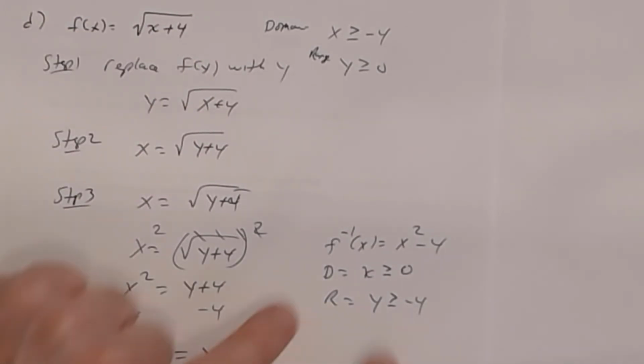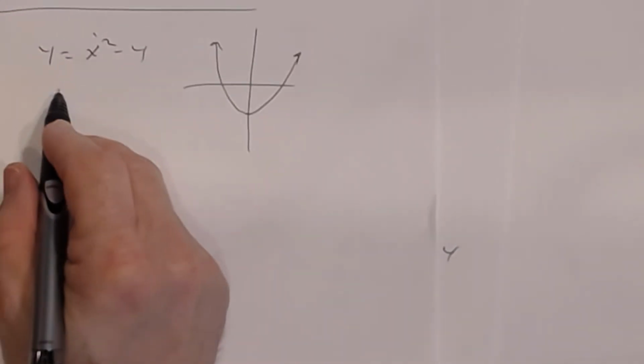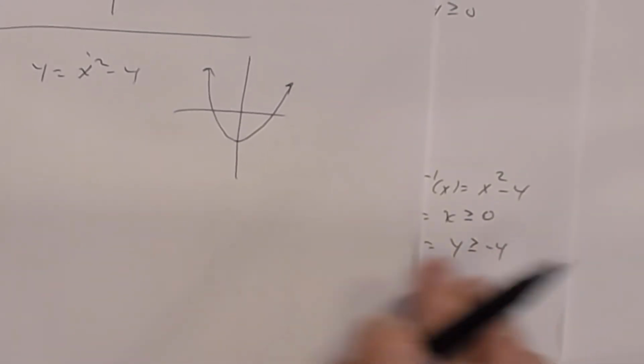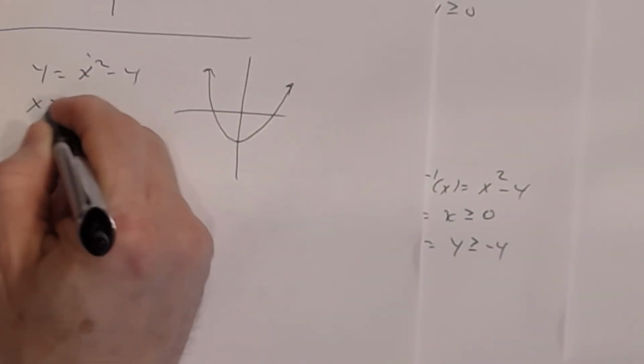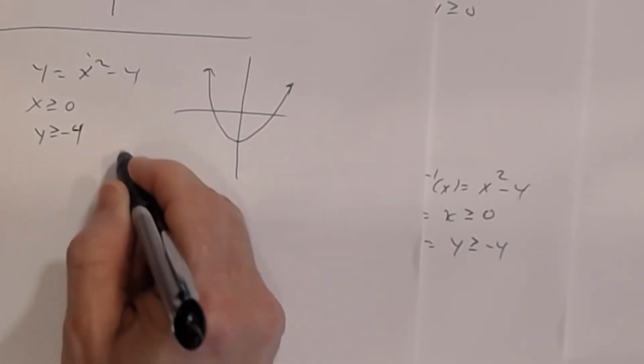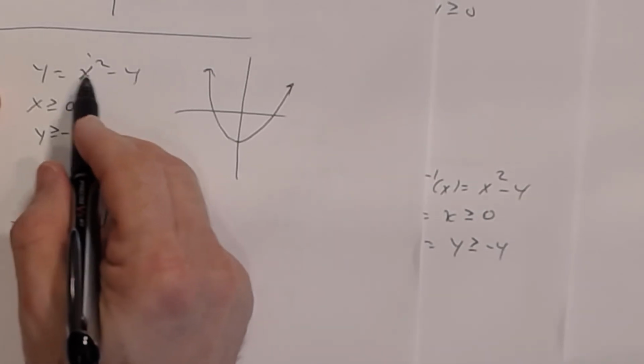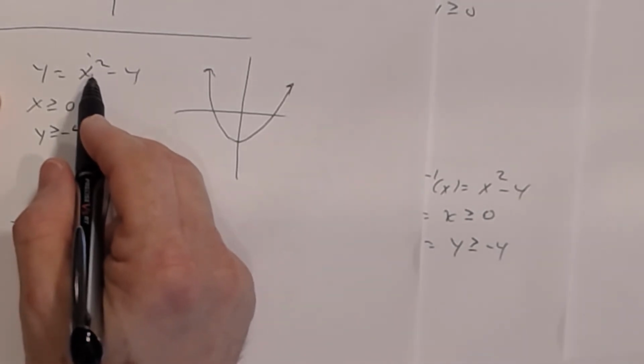And so now when you look at this in terms of what you're graphing now, let me go ahead and rewrite this part here. So x is greater than or equal to 0, y is greater than or equal to -4. So I'm only graphing the part of the graph that's greater than or equal to 0, right?